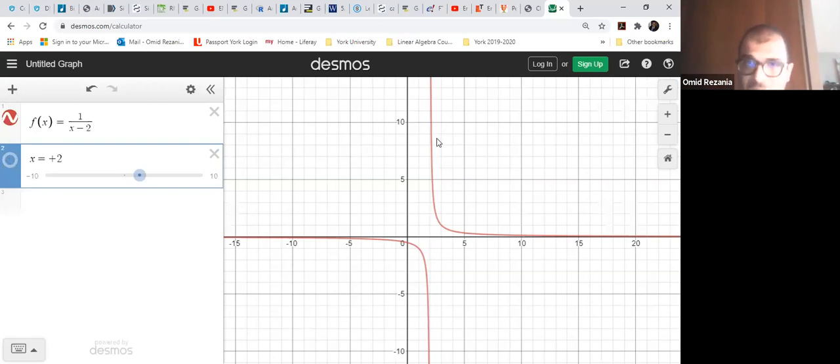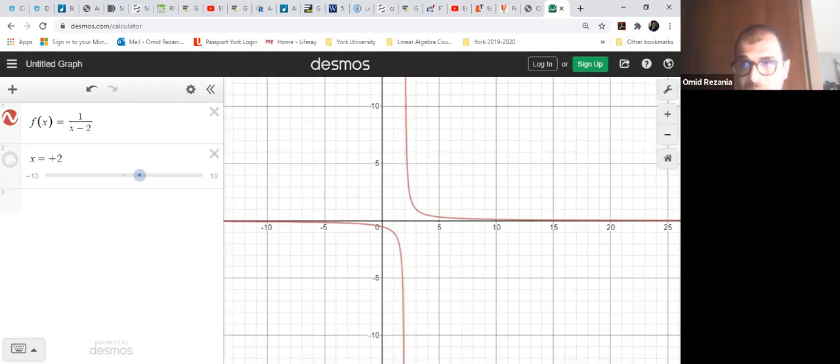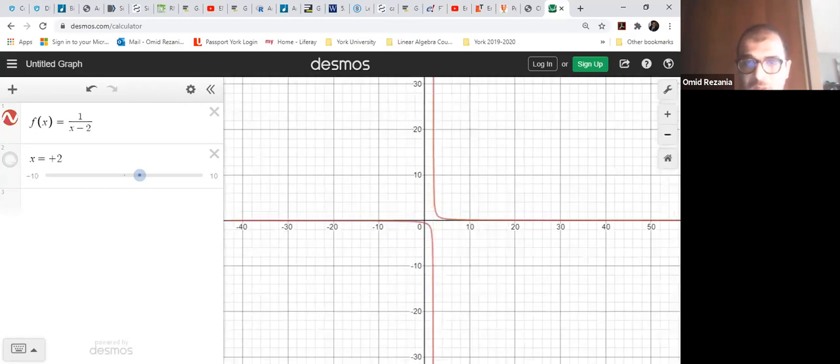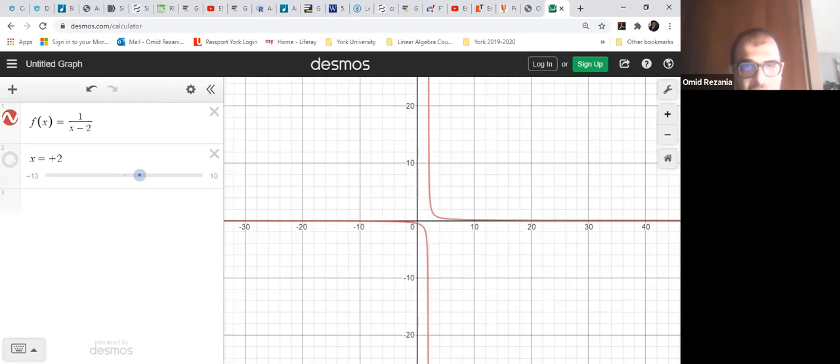I can go here, and the function goes all the way to nowhere. I can also zoom out, and it seems there is no end to the function. At x equal to 2, the value becomes infinitely large.